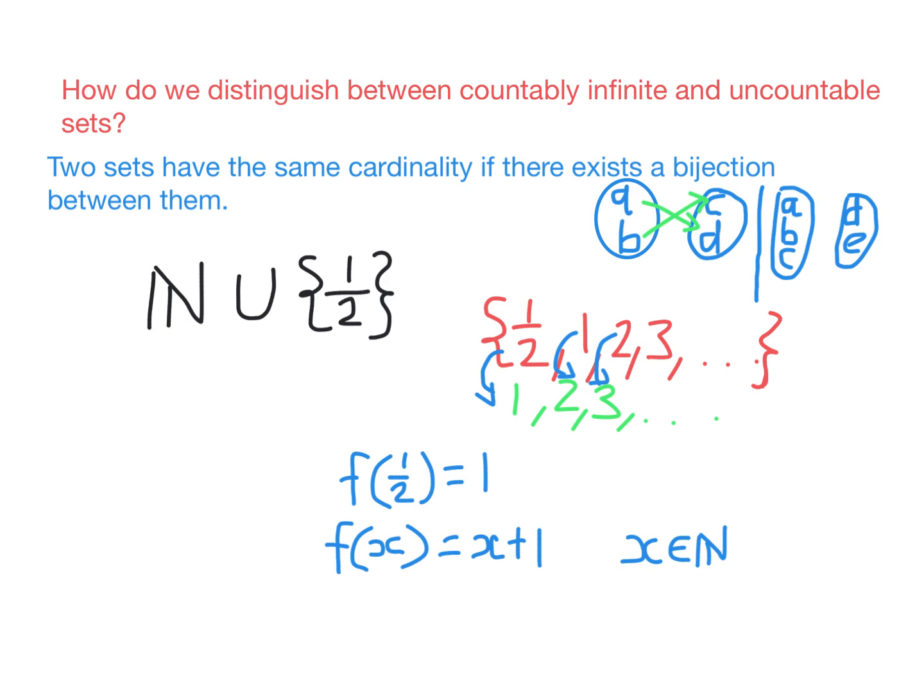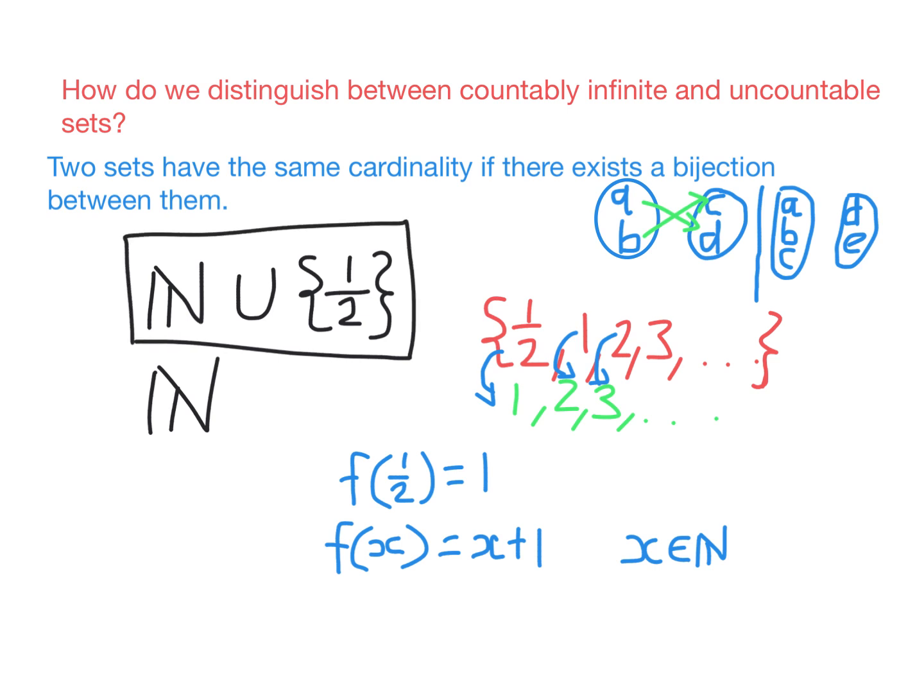Even though we might think that this has more elements than the natural numbers, we're essentially saying that this set here and the set of natural numbers are of the same type of infinity. So because such a bijection exists, this set here is countable. And if we believe the continuum hypothesis, this cardinality is much less than the cardinality of real numbers.